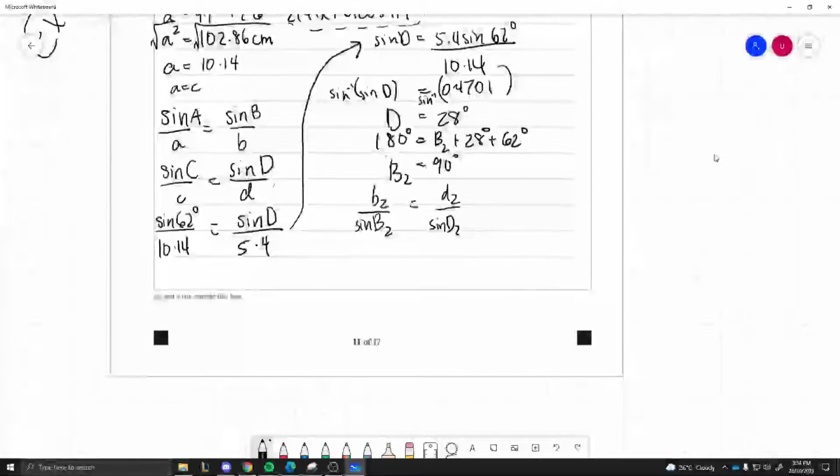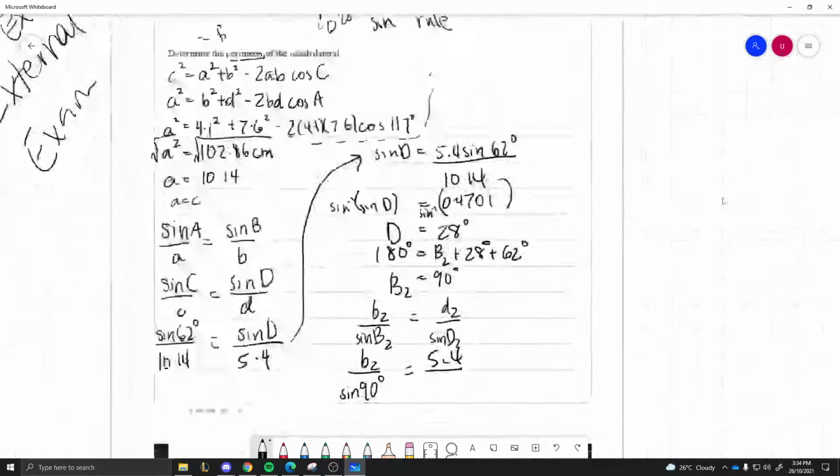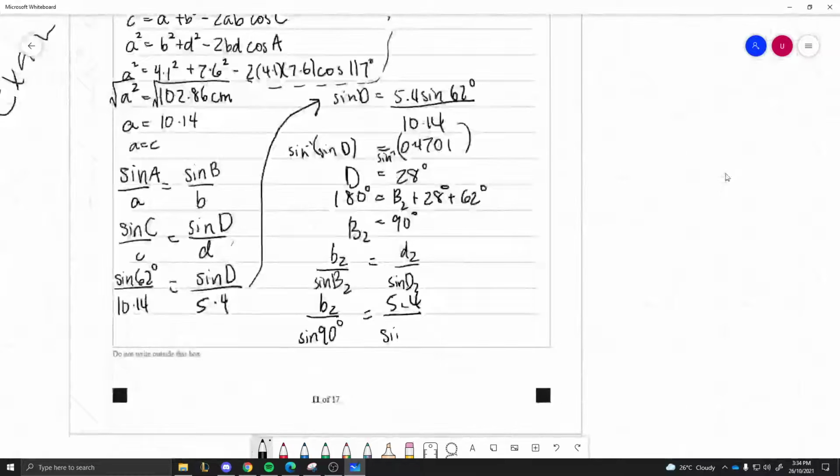So b2 over sine 90 degrees, which is the angle we just found, equals 5.4 over sine 28 degrees, which we found earlier. I'm not going to show the step of rearranging because we're running out of space, but we just cross multiply and divide, so 5.4 times sine 90 divided by sine 28, which is equal to 11.5.